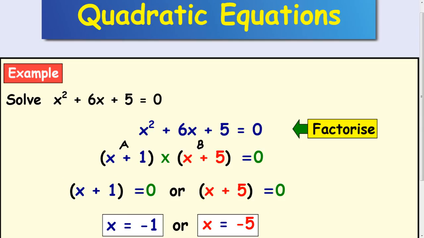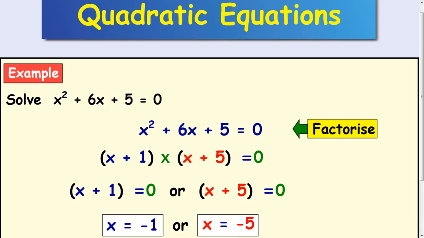So let's see how that works. If you put negative 1 up here, you'll get negative 1 plus 1, so this value would come to 0. And then you would have negative 1 plus 5, so that would come to 4. But 0 times 4 is 0, so that works. Now let's try the other way.